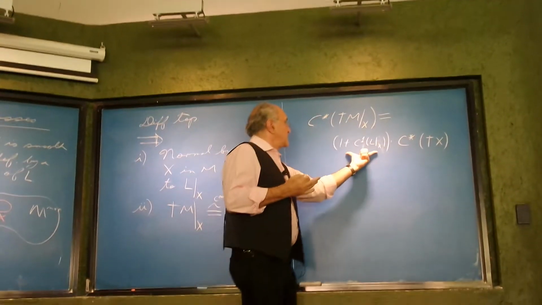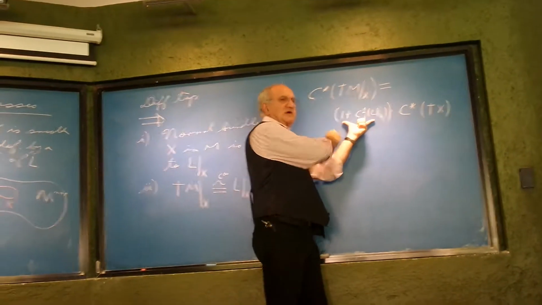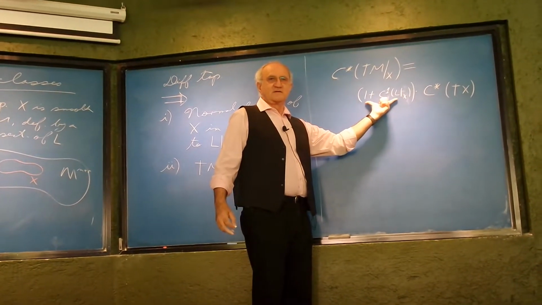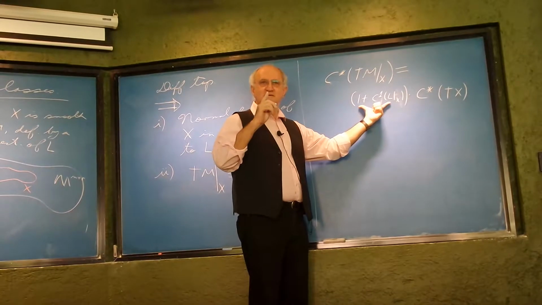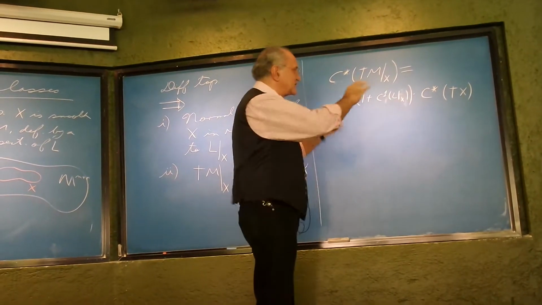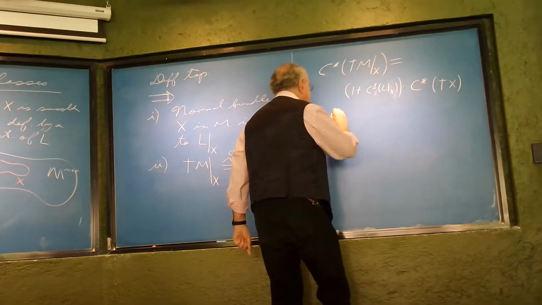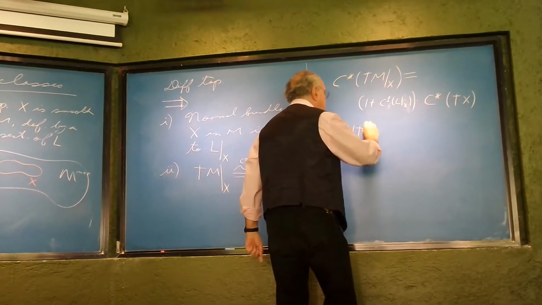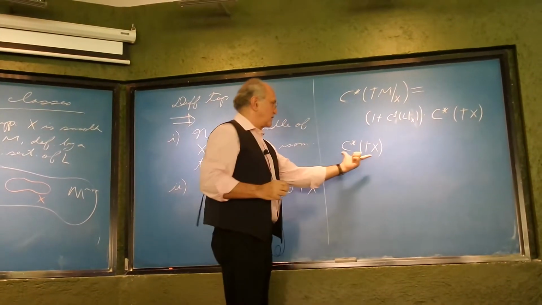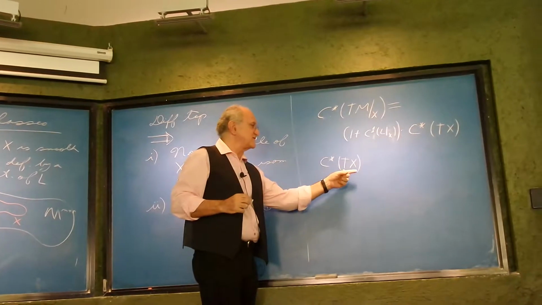So it turns out that this element, because it starts with a 1, has an inverse. And then you can do the following very nice trick, just formally. You have the Chern classes of the tangent bundle of X. We are very interested in the Chern classes of this fellow.